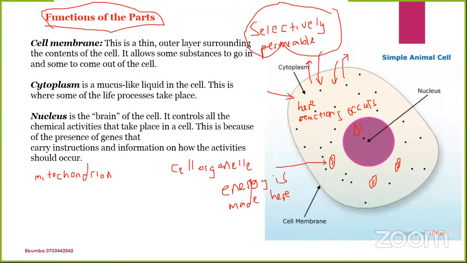That is the hereditary material, all your genes. So DNA is found inside the nucleus of a cell in the form of what we call chromosomes.